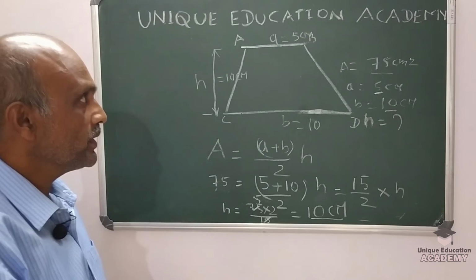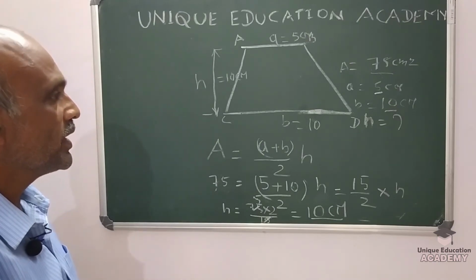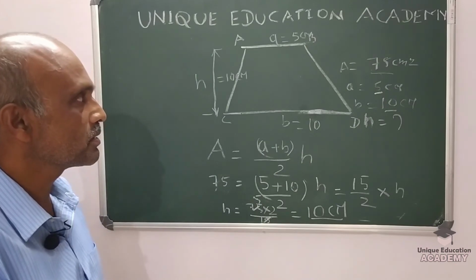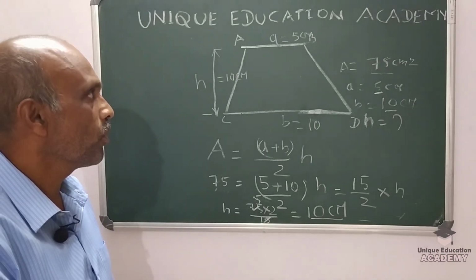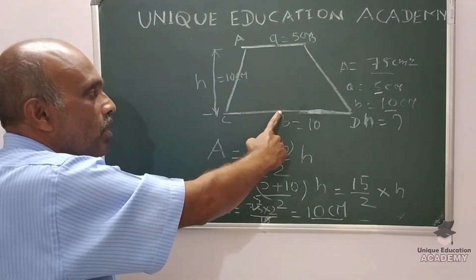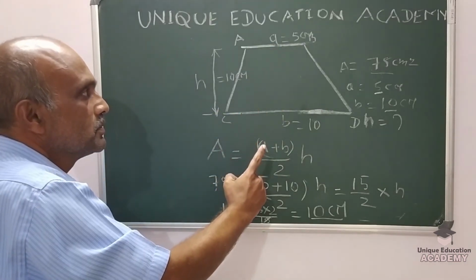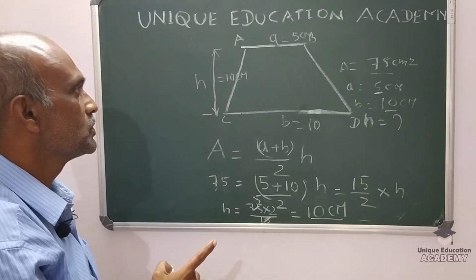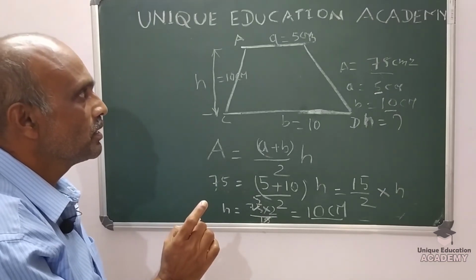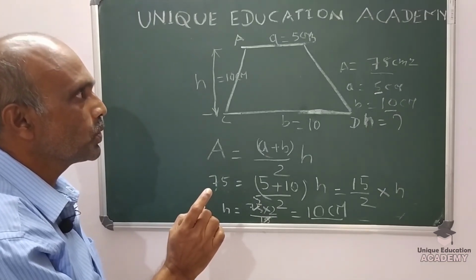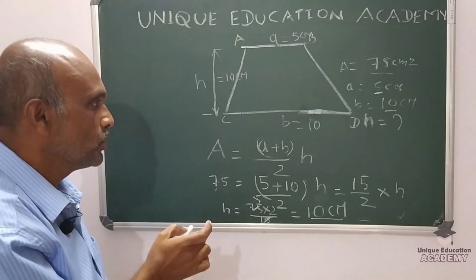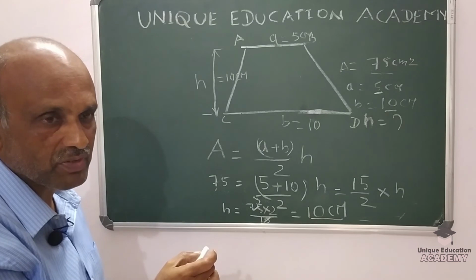So again I will repeat. A trapezium is a geometrical figure bounded by 4 sides, in which only one pair of opposite sides are parallel and the other two sides are not parallel. The main problem that will come in connection with the trapezium is, you may be asked to find the area of the trapezium.